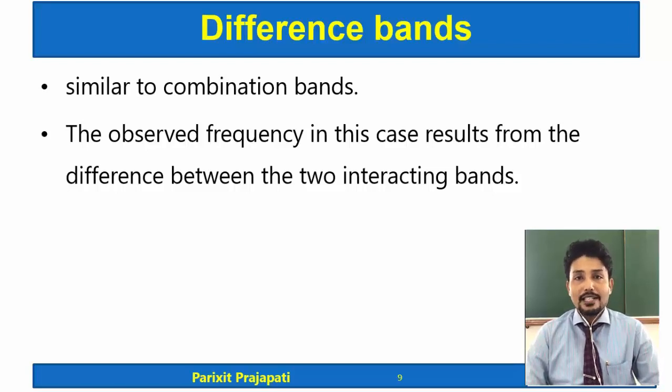Say, for example, one is occurring at 2000 centimeter inverse and another at 500 centimeter inverse, and if interaction occurs between them and the subtraction of that frequency, that is 1500, is IR active, then it will give a band at 1500 centimeter inverse.